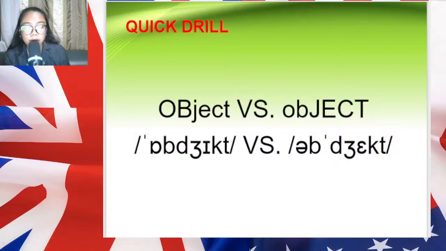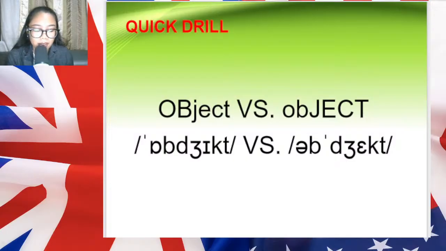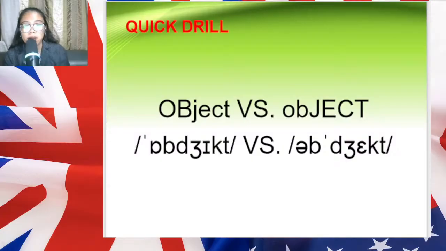It's a verb and I am intending to disagree or to say no to someone or something. Like in a sentence, I must object to that statement. I must oppose, I must disagree with that statement, something like that. So I'm referring here to the second version, where the stress is on the second syllable.